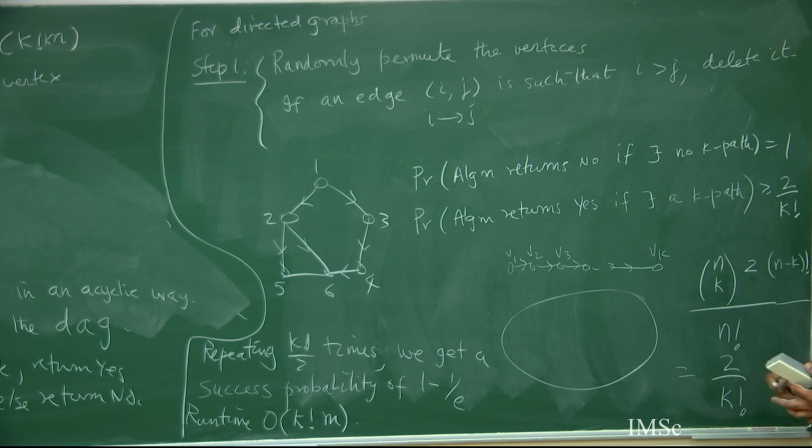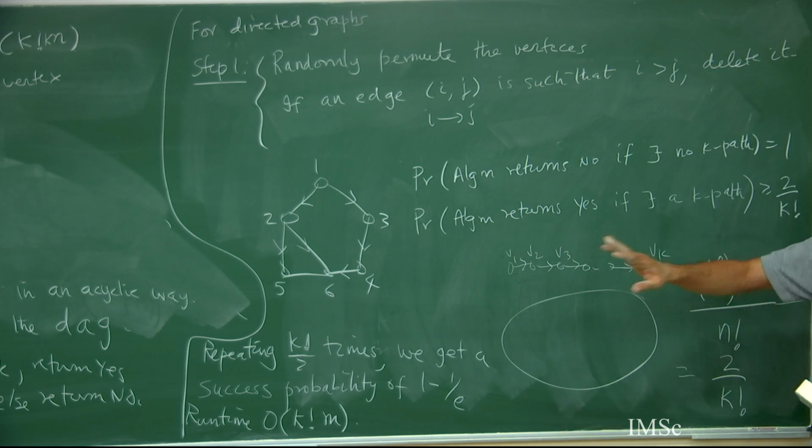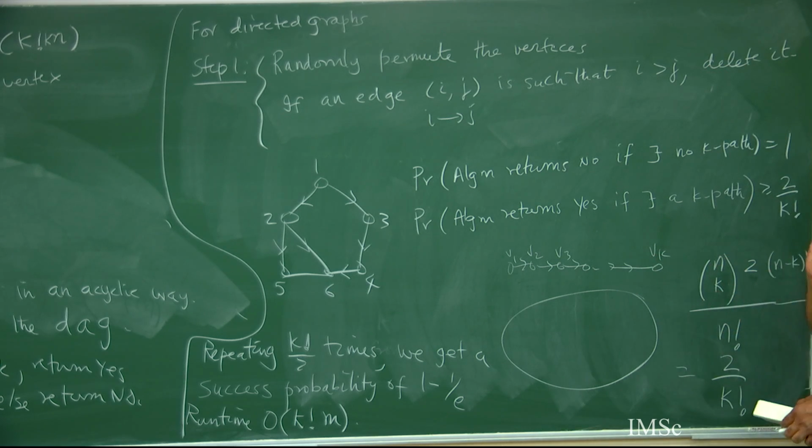In the case of an undirected graph, I orient the edges to make it directed acyclic. In the case of a directed graph, I have a random permutation and keep the edges in a way that it's acyclic. Then the same success probability, everything goes through. So, that's it on directed graphs.